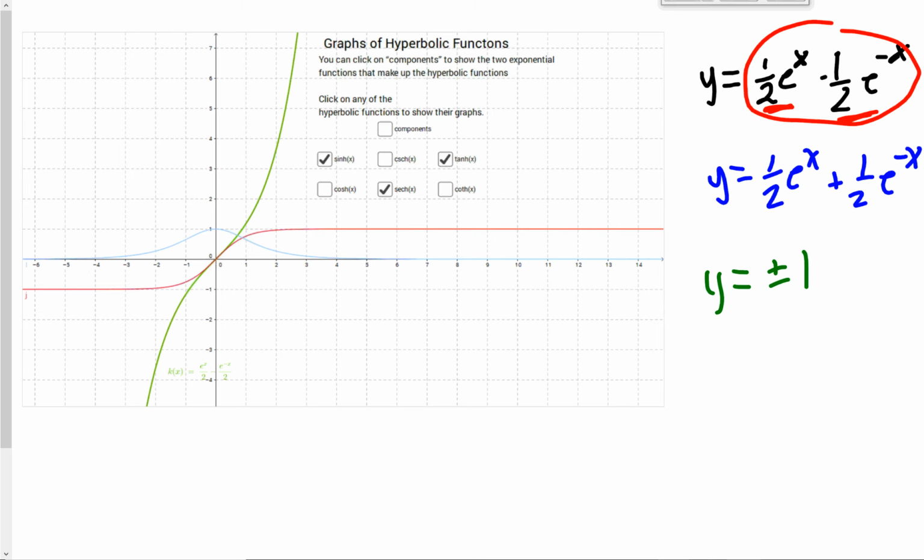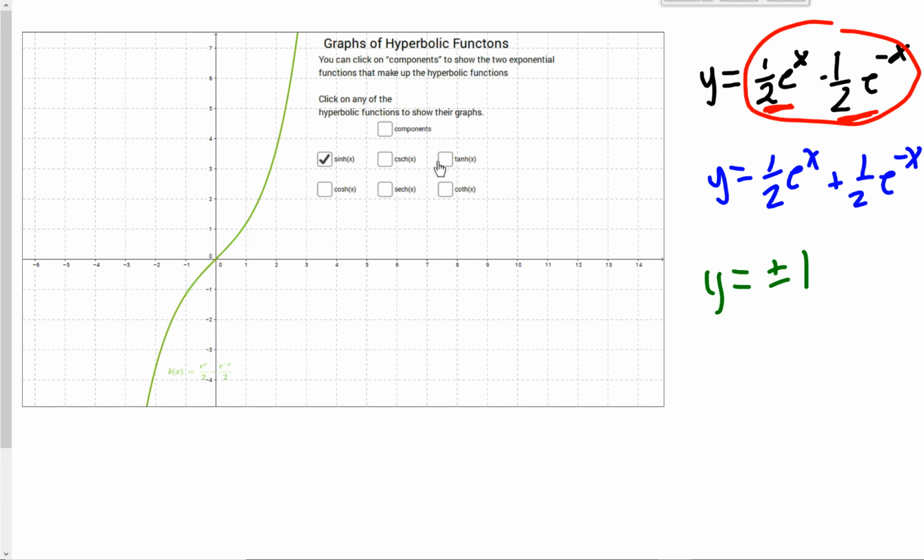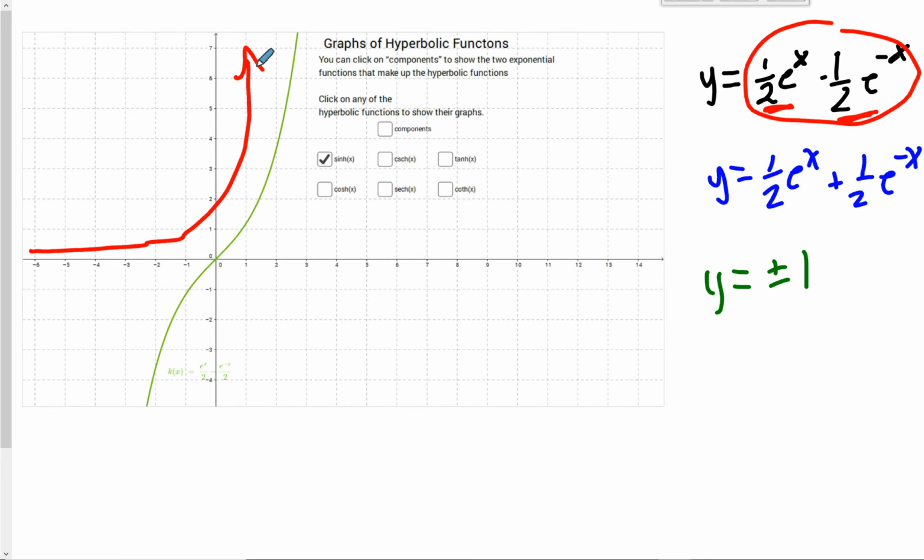That's what hyperbolic sine looks like, because e to the x would look something like this, and e to the negative x would look something like this. Hyperbolic sine is the difference of them, so it takes on this shape right here, without that crazy squiggly thing there.